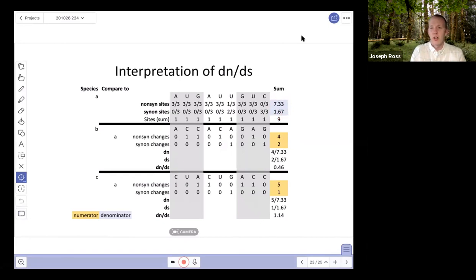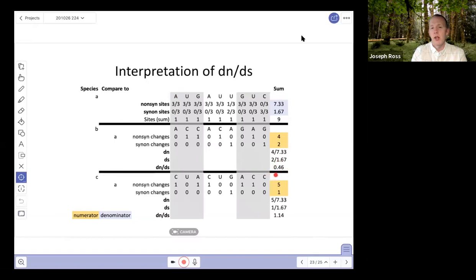On average, I would have 4 times more non-synonymous changes than synonymous changes, because there are more opportunities to change amino acids than to make a mutation and keep the same amino acid. So this ratio dn to ds normalizes for that probability.